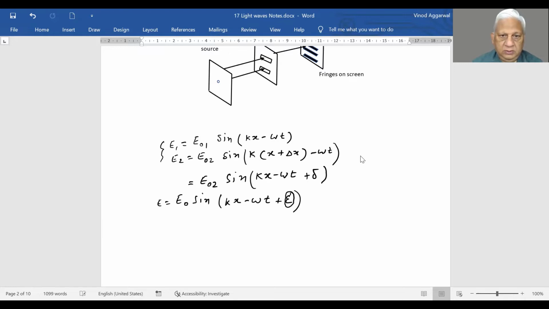So this is the phase between E1 and the resultant.